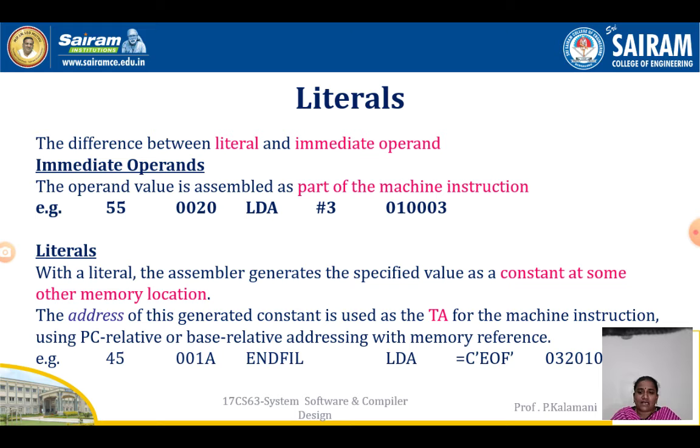But for a literal, the assembler generates the specified value as a constant at some other memory location, not as part of the machine instruction. The address of this generated constant is used as the target address for the machine instruction, using PC relative or base relative addressing with a memory reference. For example, in ENDFILL, LDA =C'EOF'.